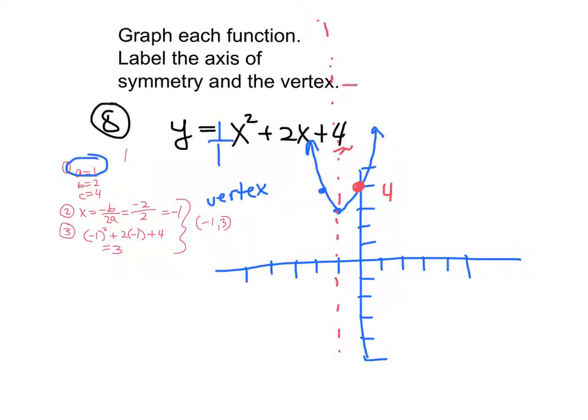So that line is always the x-coordinate of the vertex. This is a vertical line, so it's of the form x equals negative 1. So graphing the line x equals negative 1, it would be that dotted line that shows symmetry to our parabola. And our vertex we already calculated, and that's at negative 1, 3.